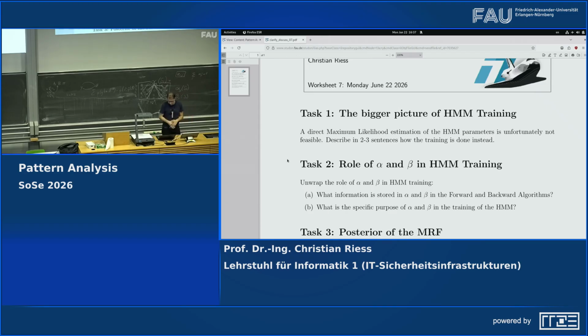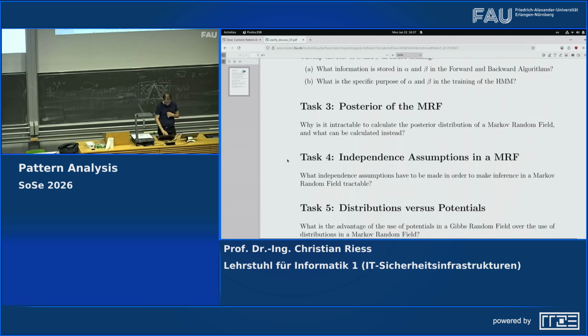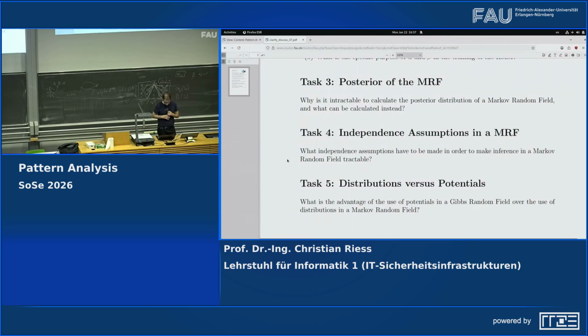Markov random fields. Okay. The posterior of the Markov random field. Why is it intractable to calculate the posterior distribution of a Markov random field, and what can be calculated instead?